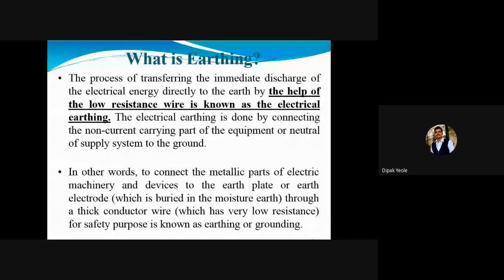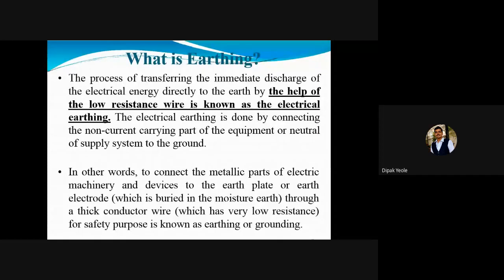That is called a non-current carrying part, or the neutral of supply system to the ground. In other words, to connect the metallic parts of electrical machinery and devices to the earth plate or earth electrode, which is buried in the moist earth, through a thick conductor wire which has a very low resistance, for safety purpose, is known as earthing or grounding.